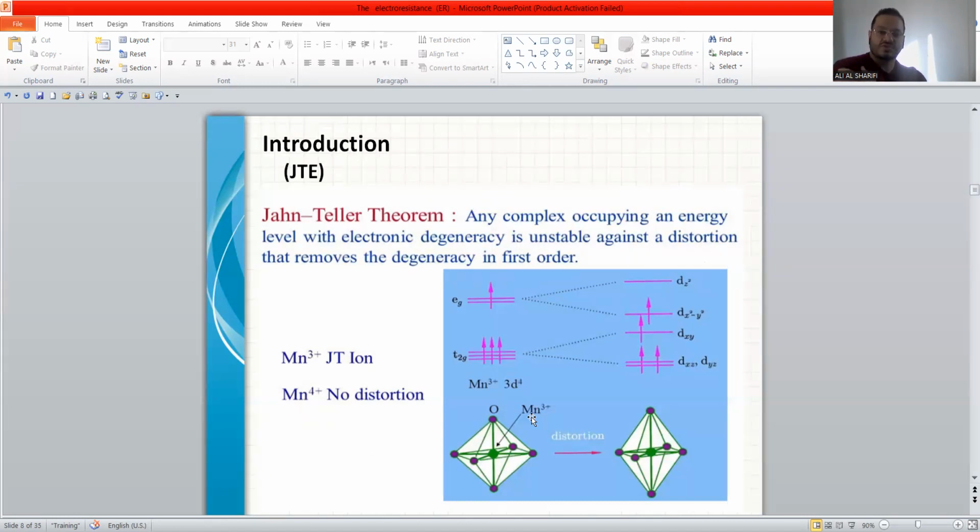Against what? Against a distortion that removes the degeneracy in the first order. The most important thing in the Jahn-Teller theorem, like I said at the previous slide, we have two levels, t2g with approximately 3 electrons, and eg with 1 at Mn3+.